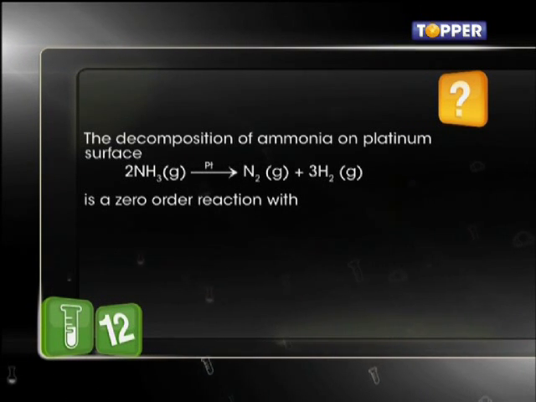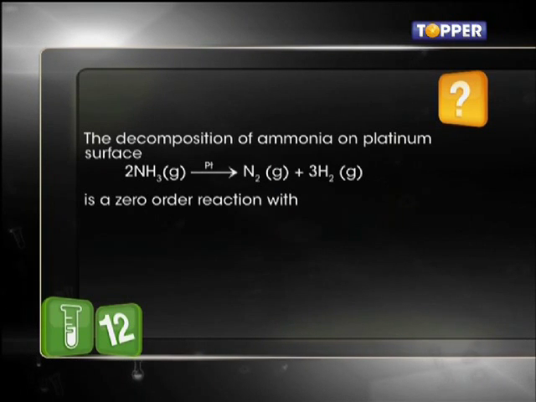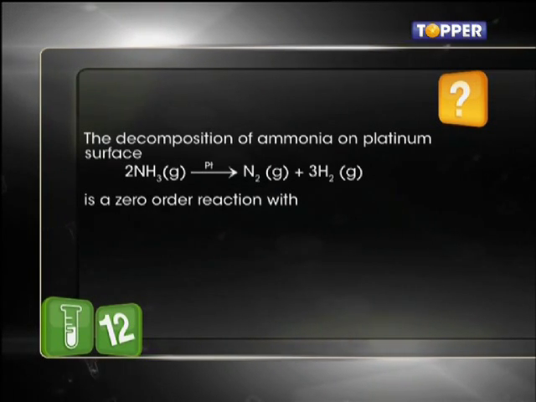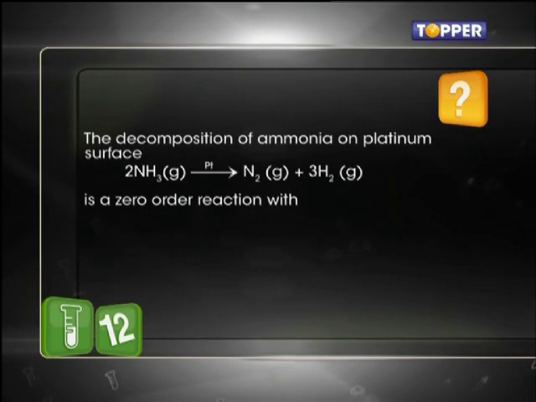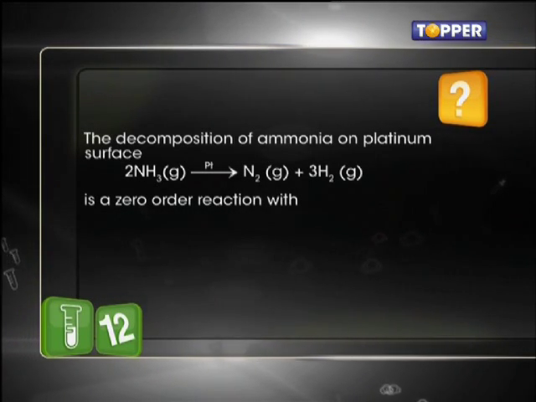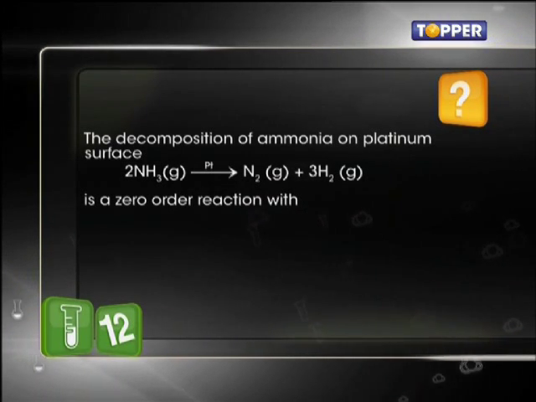The decomposition of ammonia on a platinum surface, where 2 molecules of ammonia gas decompose to give a molecule of nitrogen gas and 3 molecules of hydrogen gas, is a zero-order reaction.